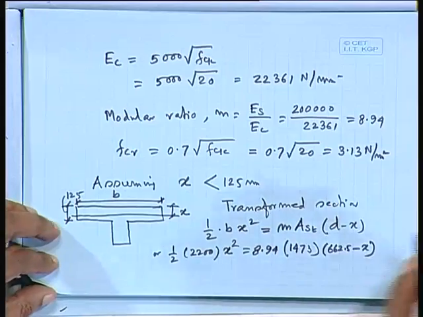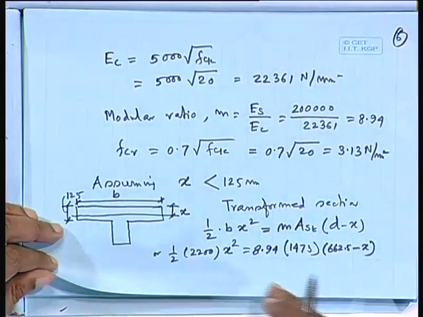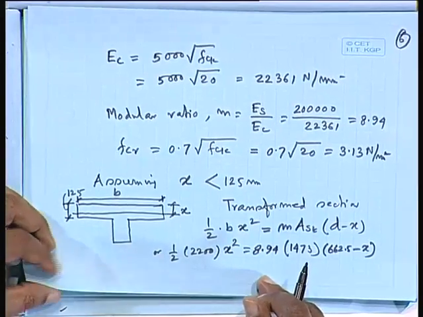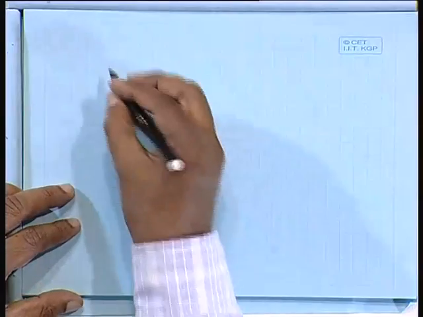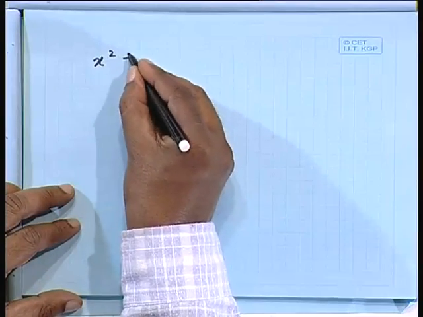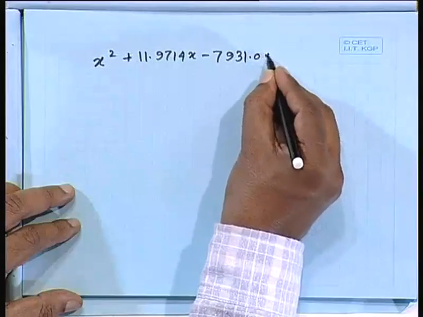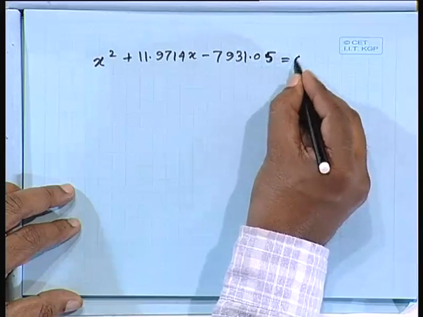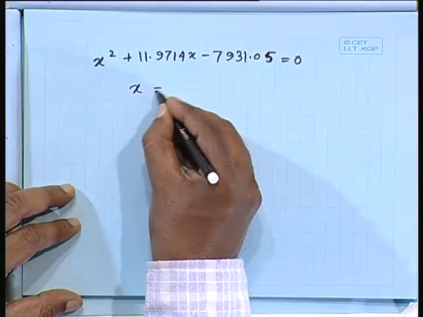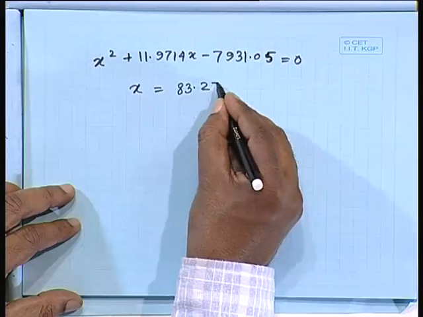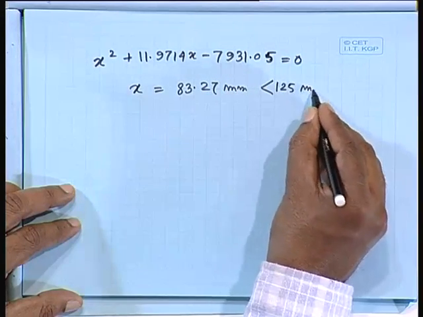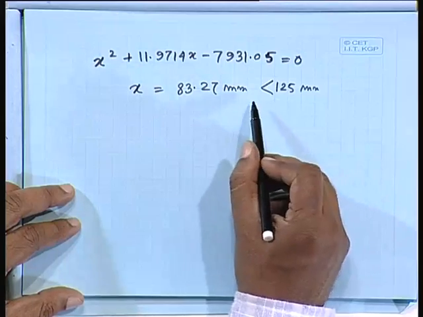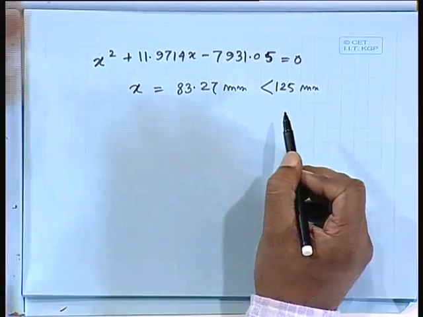So, from this equation I can find that value x. Let us just simply write down the equation x square plus 1.05 x minus something equal to 0, and x comes as 83.27 millimeter, less than 125 millimeter. The assumption we have made is correct, that means it is coming within the flange.